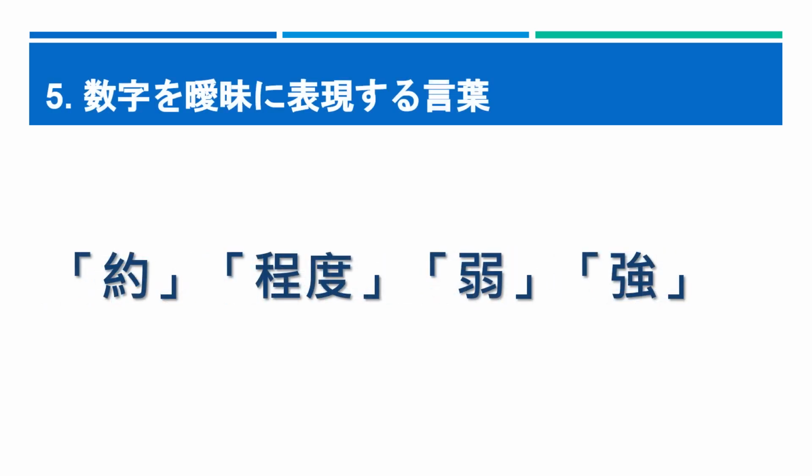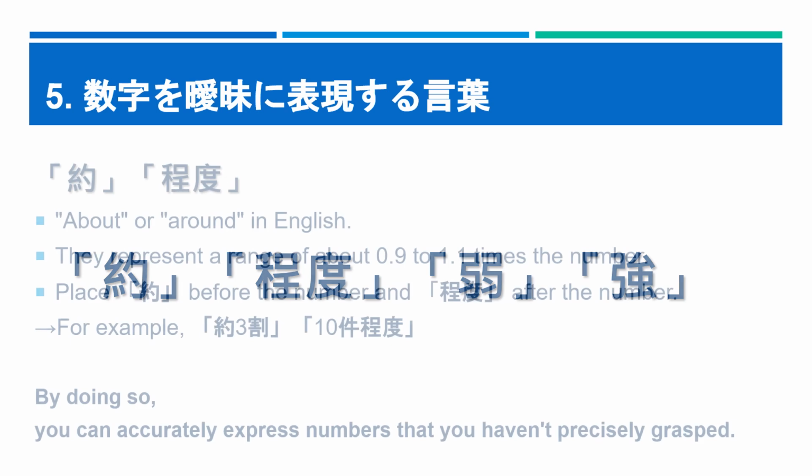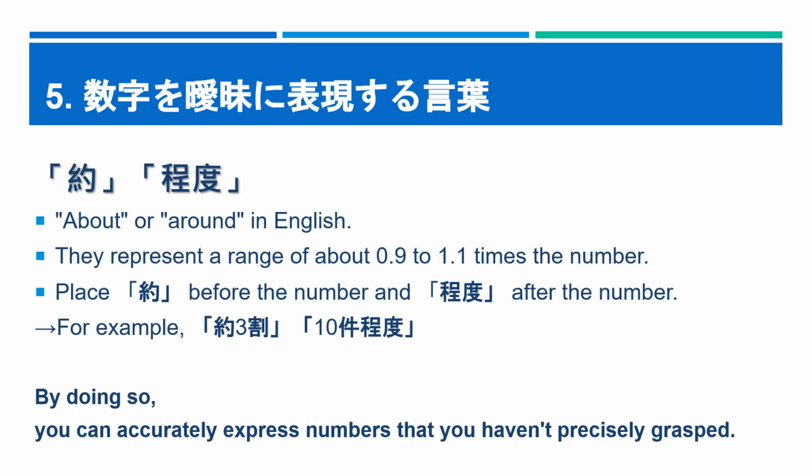Specifically, let's use 約、程度、弱, and 強 to express numbers. While there are other expressions, I recommend mastering these four first. Firstly, 約 and 程度 have almost the same meaning, and they mean about or around in English.